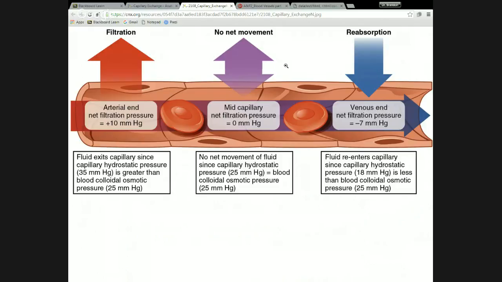On the other side, the colloid pressure hasn't changed because the components of the blood haven't significantly changed, but pressure's dropped off as we've gotten across the capillary bed.